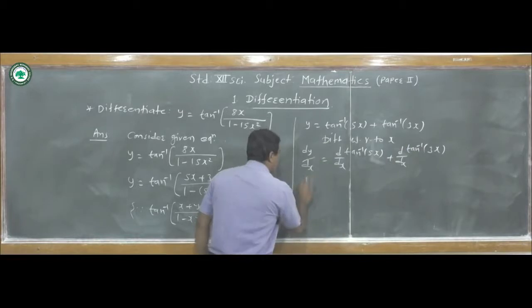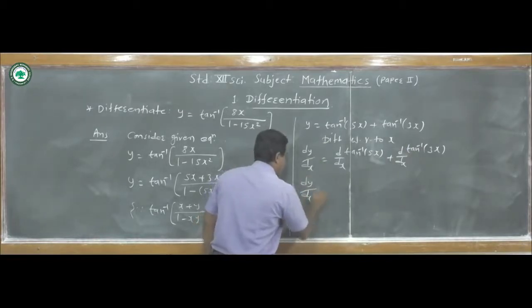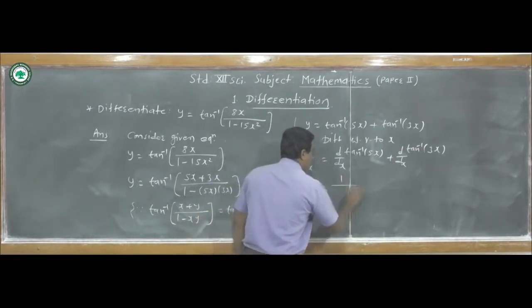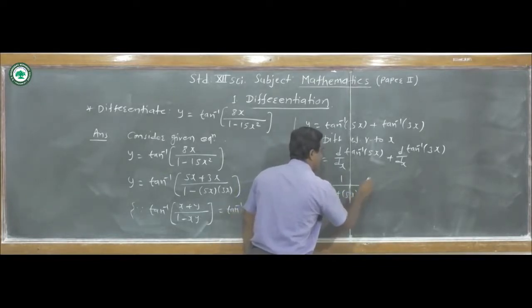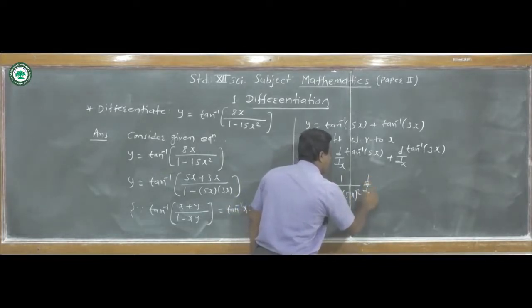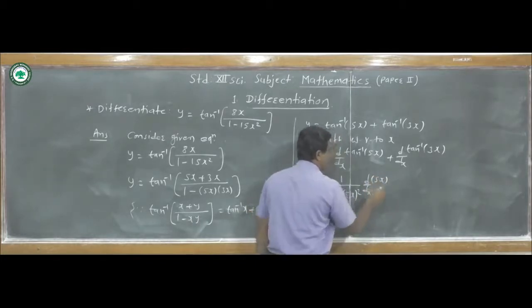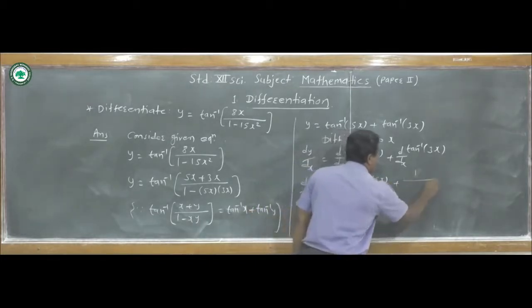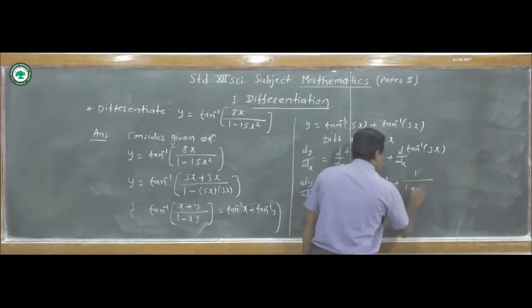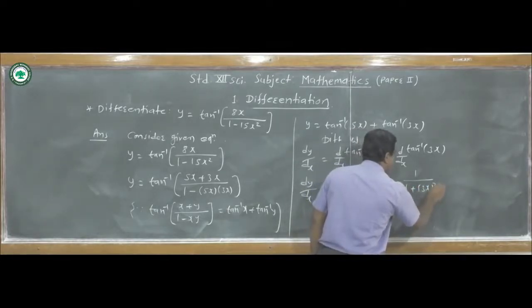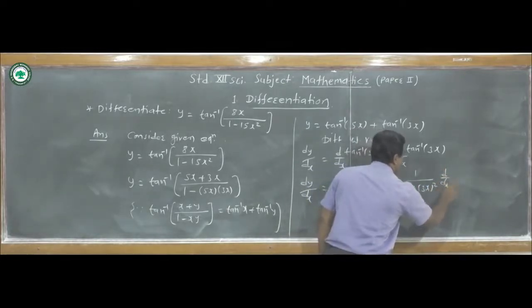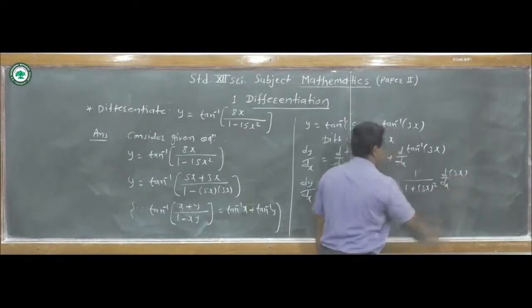Therefore, dy by dx is equal to 1 upon 1 plus 5x bracket square into dy dx of 5x plus 1 upon 1 plus 3x bracket square into dy dx of 3x.